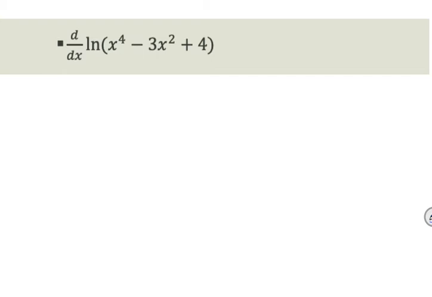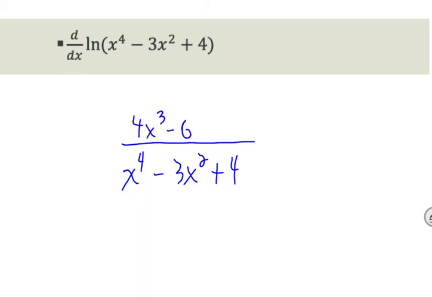But I like to just take the derivative first, put that as my numerator, and then over, that's my denominator. Now, it doesn't really matter which one we write first, because you can just write x to the 4th minus 3x squared plus 4. And then what's the derivative of that? What goes up top? 4x cubed minus 6x.